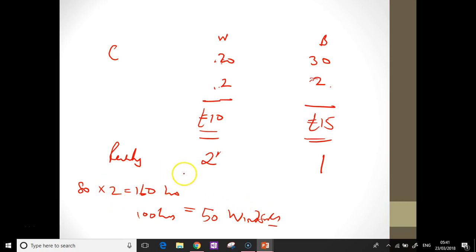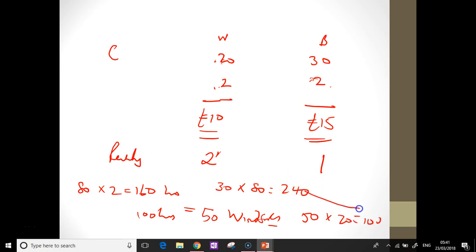If you were asked to work out the profit, I know the contribution for every Buckingham is 30. I'm making 80, so that's 2,400. I know the contribution for the Windsors: I'm making 50 times 20, which is 1,000.